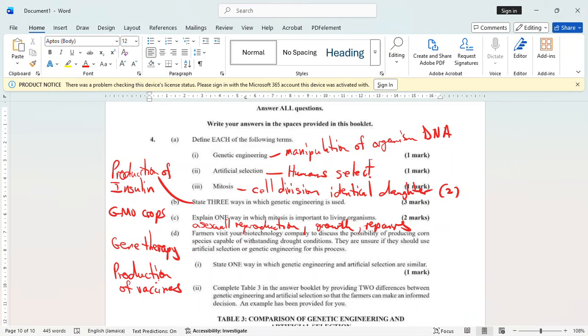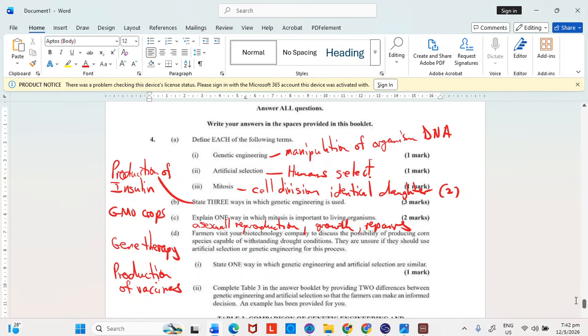Artificial selection, you will basically allow the plant to produce new corn species by cross pollinating different varieties. So at the end of the day, the genetic makeup of the species in both cases is going to be altered. So that's one similarity.